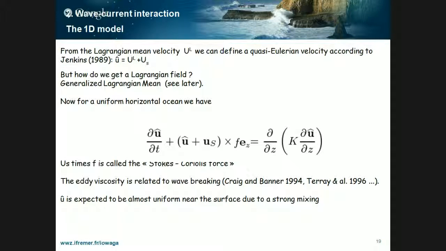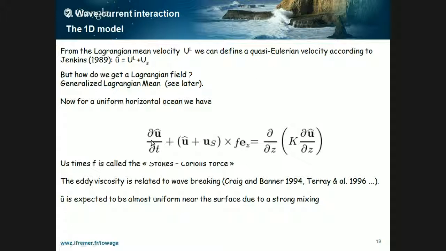All right. A simple case before we get to the 3D business is to look at a 1D. Just imagine everything is uniform horizontally, and you just look at what's happening in the vertical. You have a 1D model. In that case, you can write the Lagrangian mean velocity to be the sum of a quasi-Eulerian current velocity, u hat, and the Stokes drift, us.